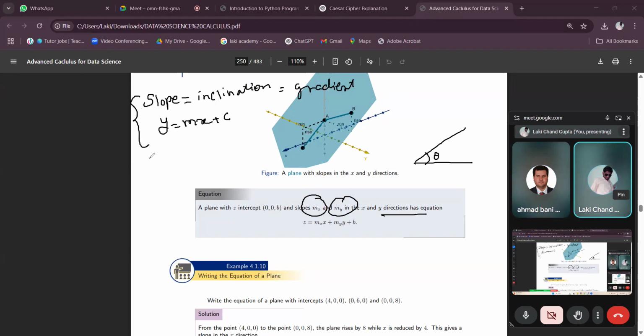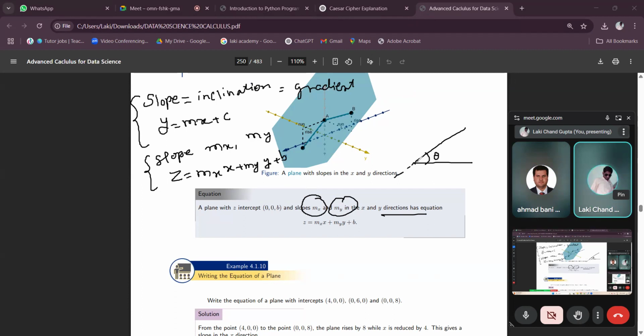This is for two dimensions. For three dimensions, we have two slopes, mx and my, multiplied, plus b. B is the intercept. What is intercept?